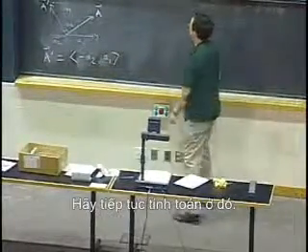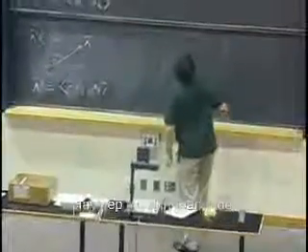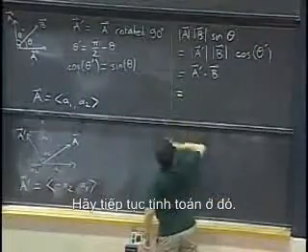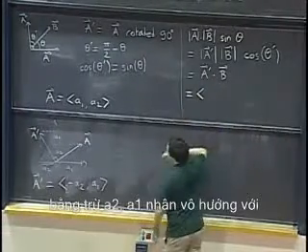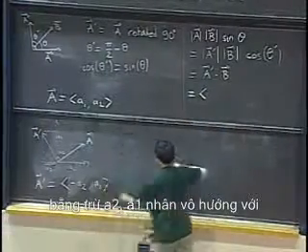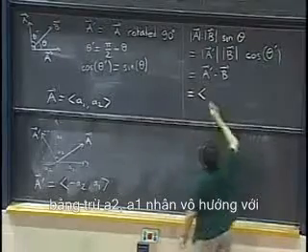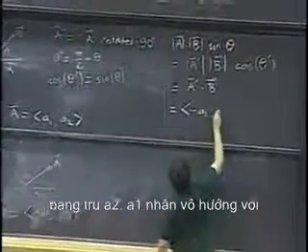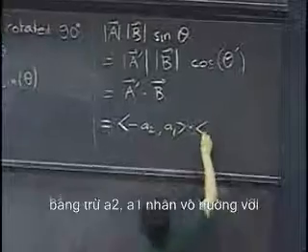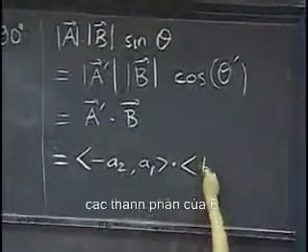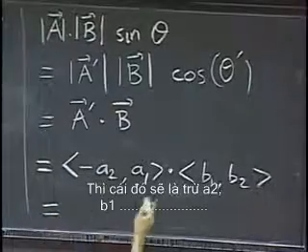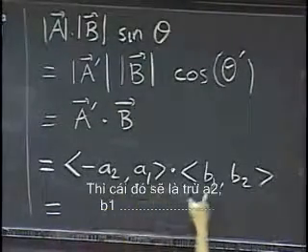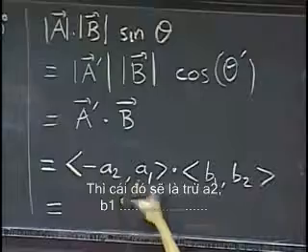Okay. So, well, let's continue the calculation there. A prime we've decided is minus A2, A1. So minus A2, A1, dot product with, let's call B1 and B2 the components of B. Then that will be, well, minus A2 B1 plus A1 B2.